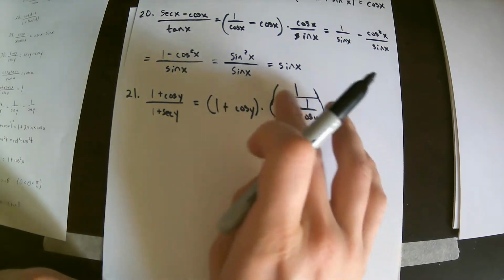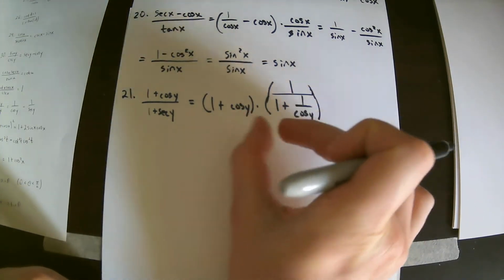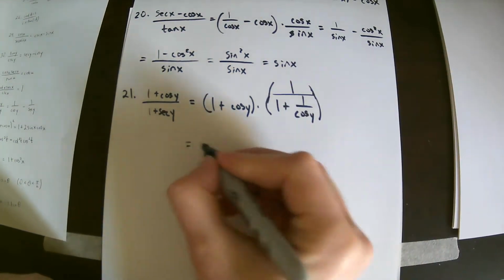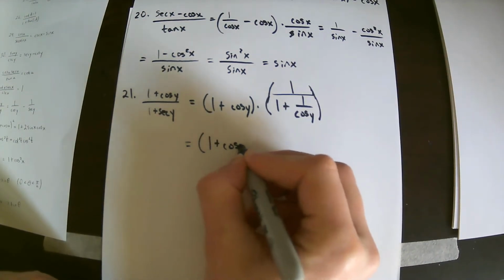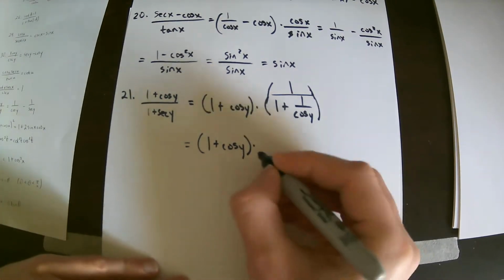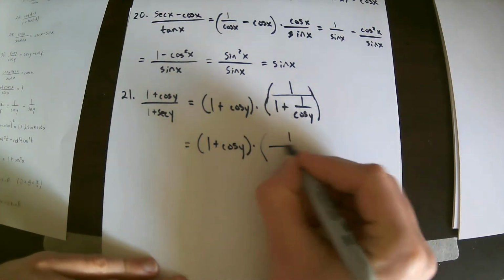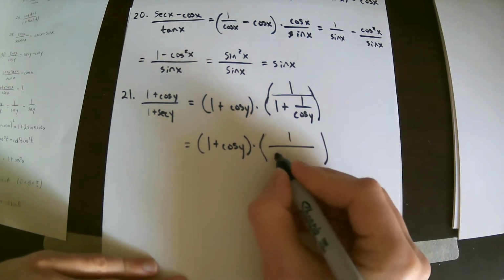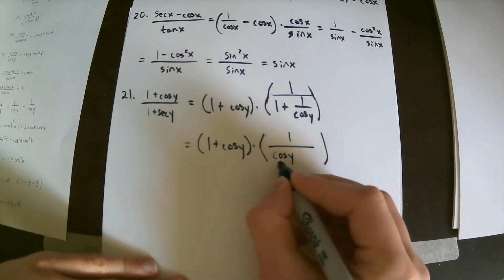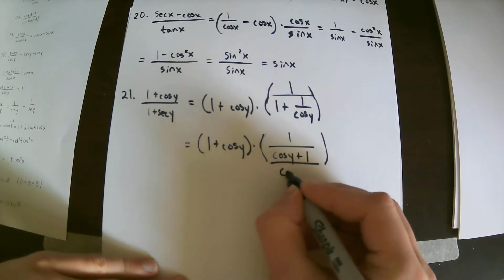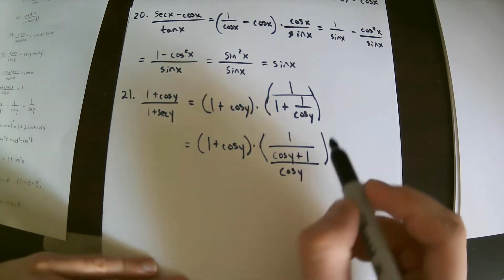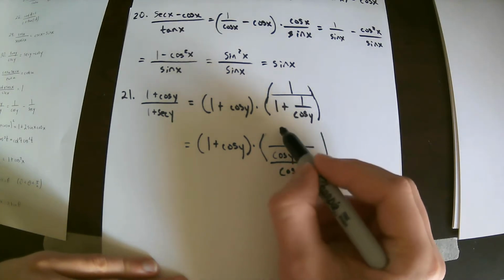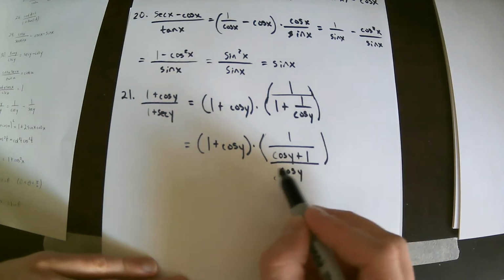So what I need to do is get this condensed into one fraction with one denominator, and then I'll be able to flip. So I'm going to say 1 plus cosine y, that's still the numerator, times 1 over, and then getting a common denominator here, I'm going to have cosine y plus 1 over cosine y. 1 is going to be cosine over cosine, so my common denominator is cosine.